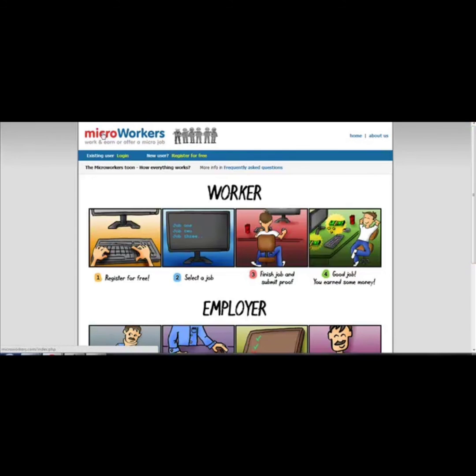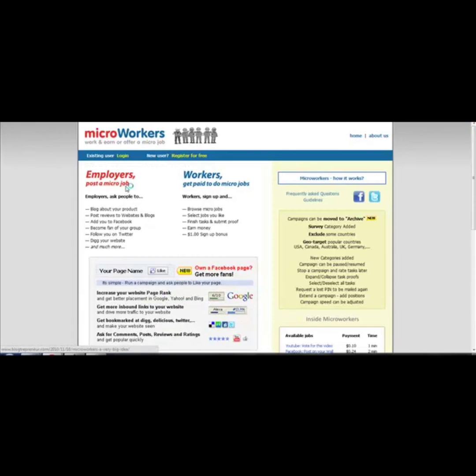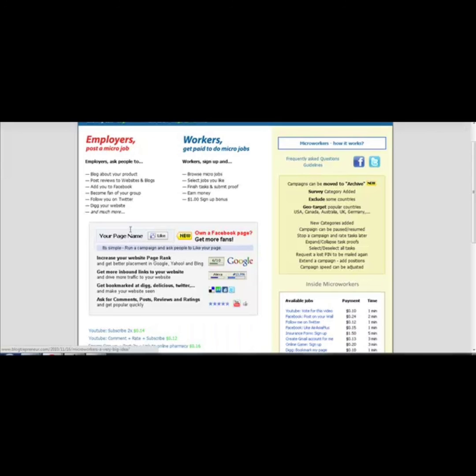The first thing that you need to do is go on the home page and mainly focus on the employers section. It says here you can target people from USA, Canada, UK, Germany, so you can get targeted fans to your fan page.